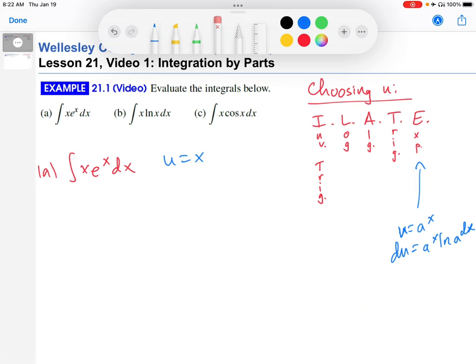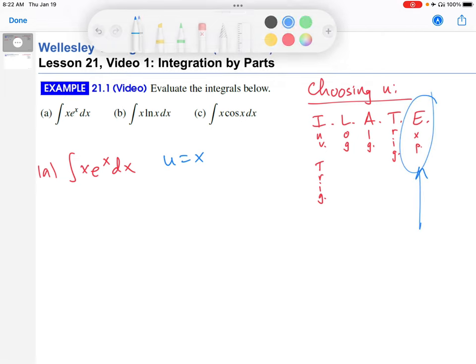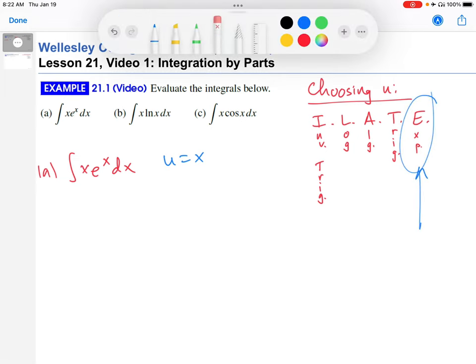If you have a function like an exponential whose derivative just regurgitates the original function, maybe with an additional number, that's kind of your last choice of u. It's probably going to be the least useful choice of u, hence why it's last in this acronym. So that's just a quick note about why the functions are ordered the way they are in this rule of thumb.